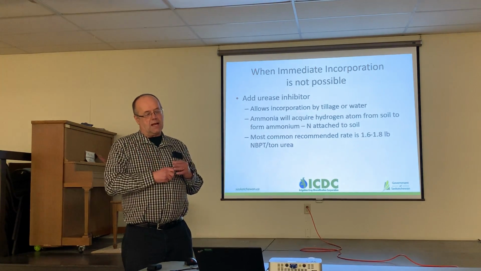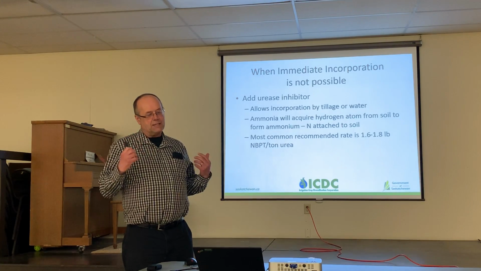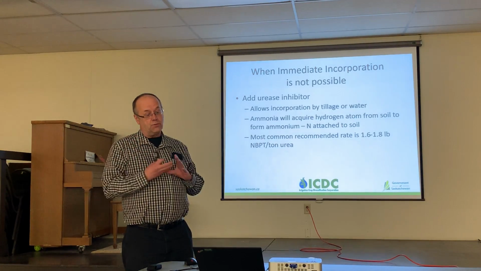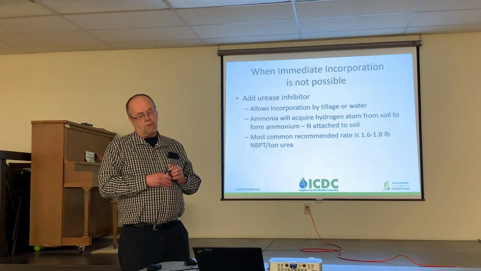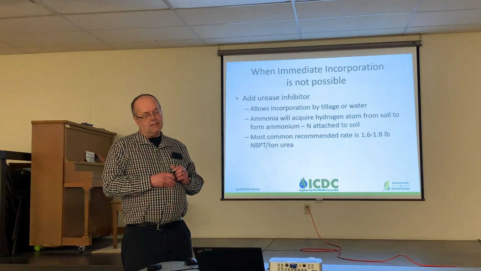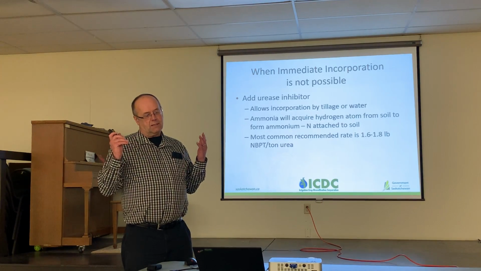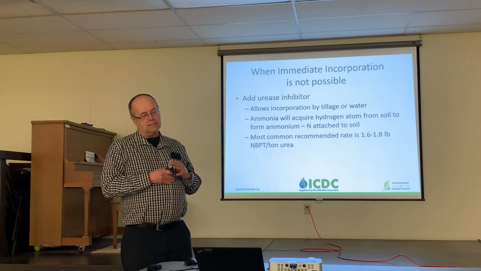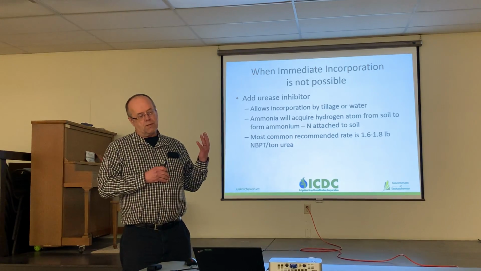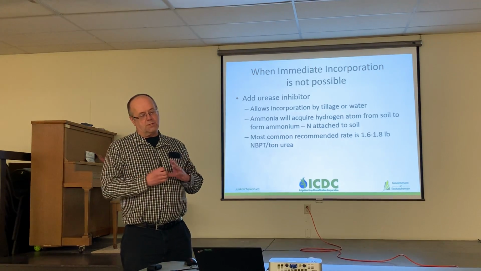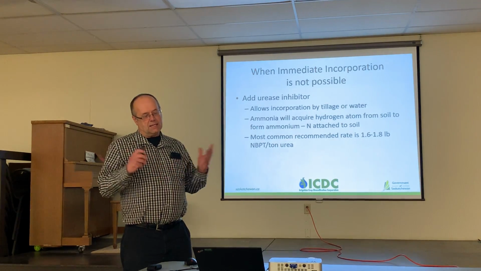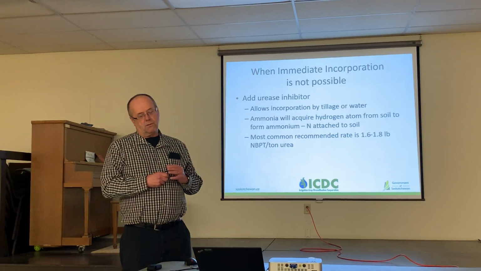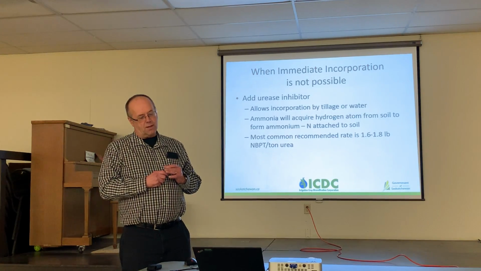It allows you to wait for time to get incorporation from irrigation or rainfall. And what happens when the rainfall happens is that the ammonia grabs onto a hydrogen atom from the soil to form ammonium, and then it's not susceptible to loss.